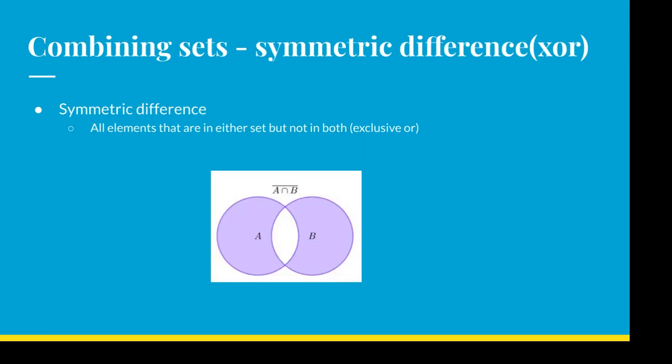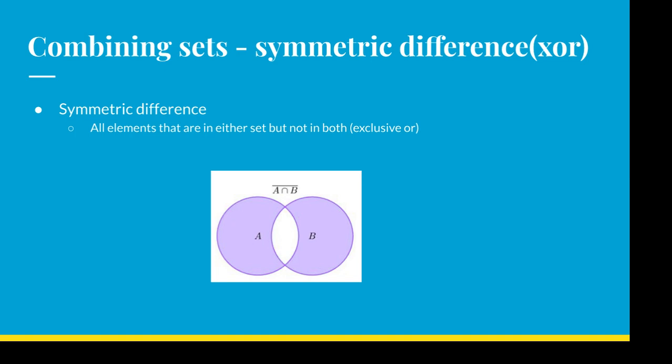And then there's one in set theory that's referred to as the symmetric difference, and this is exclusive OR. Okay? So the symmetric difference, and again, when you look at a Venn diagram, that name kind of makes some sense, is all elements that are in either set but not in both sets.